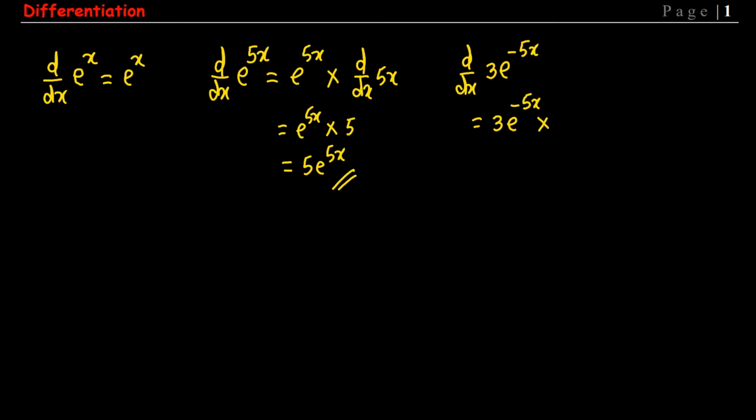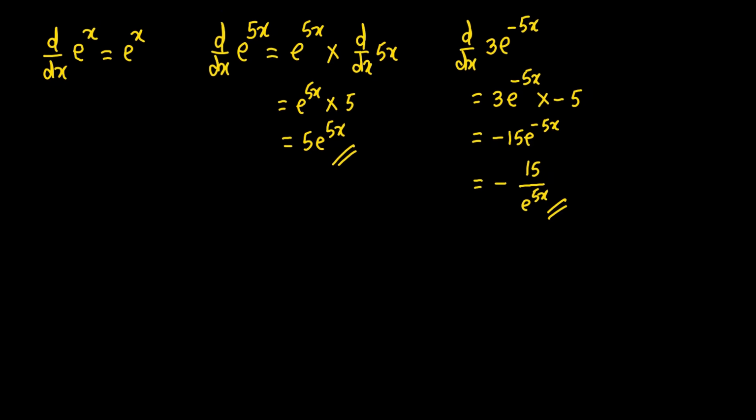And if we differentiate the top, minus 5x, we get minus 5. So finally we can write minus 15 e to the power minus 5x. We also can write it like this, minus 15 over e to the power 5x, due to the negative power. So this is our answer of this part.